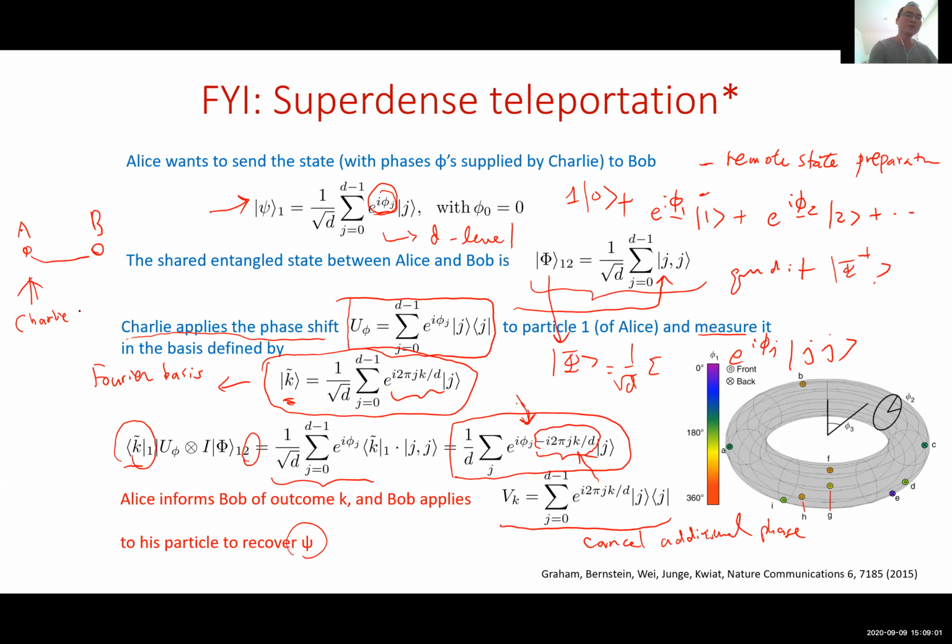So that's why I introduce Charlie. But you can regard this as on one side. So Alice did nothing? Alice does nothing. She does only measurement. Oh, so in the third paragraph, there should be Alice.